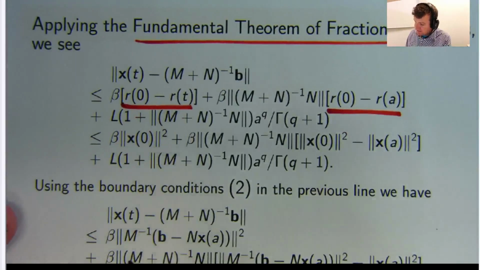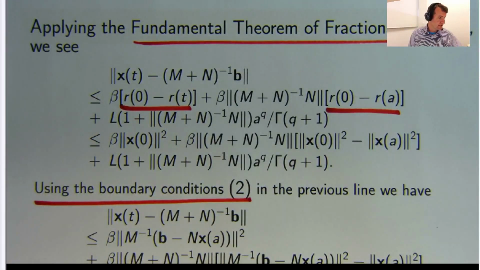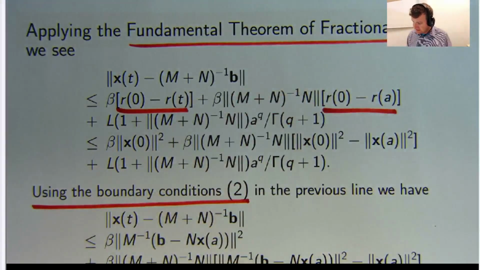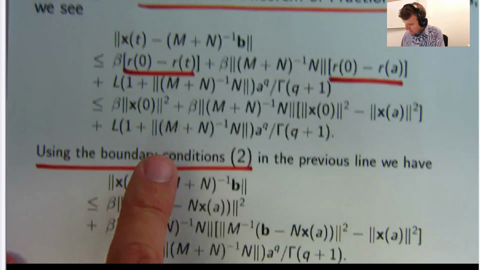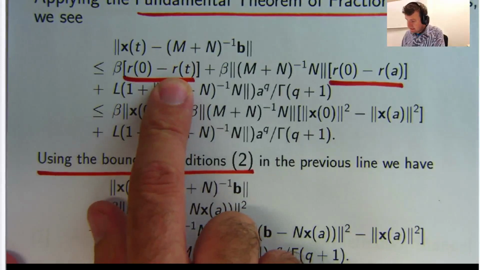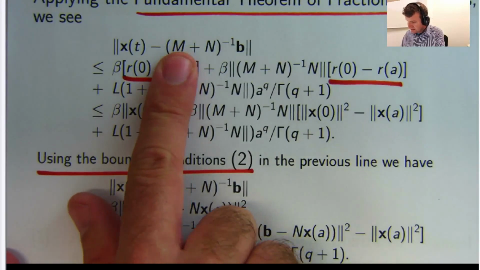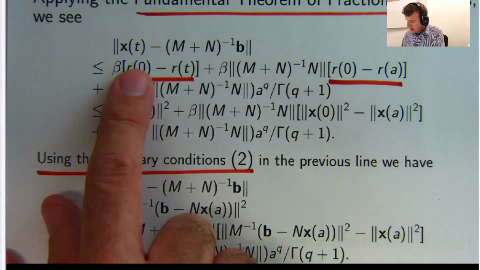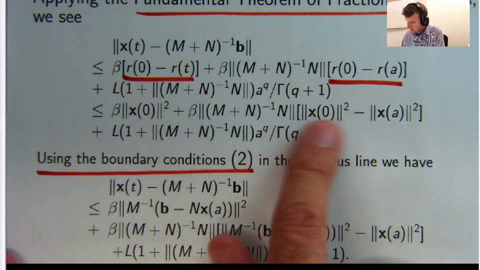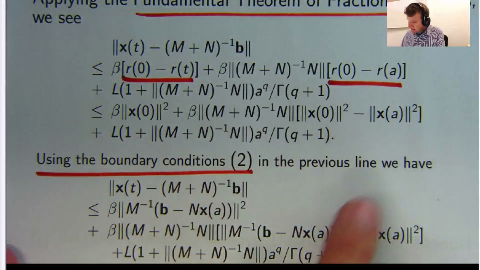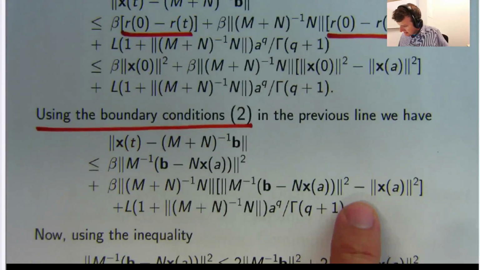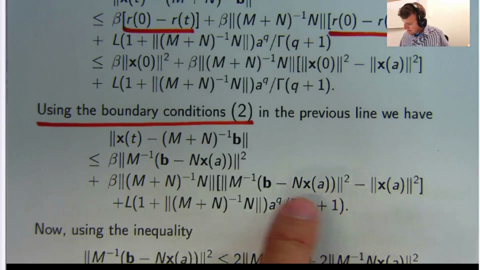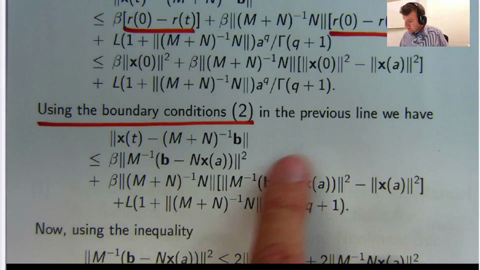And then the last step is that you can use the boundary conditions to form some more inequalities here. So that's what I've done. That will disappear because it's non-positive. That's what's happened here. I've now written r of 0 in terms of x of 0. Same over here. And combining these, I can just rearrange the boundary conditions in my original problem, and I can get something that's negative here, or non-positive if you like.